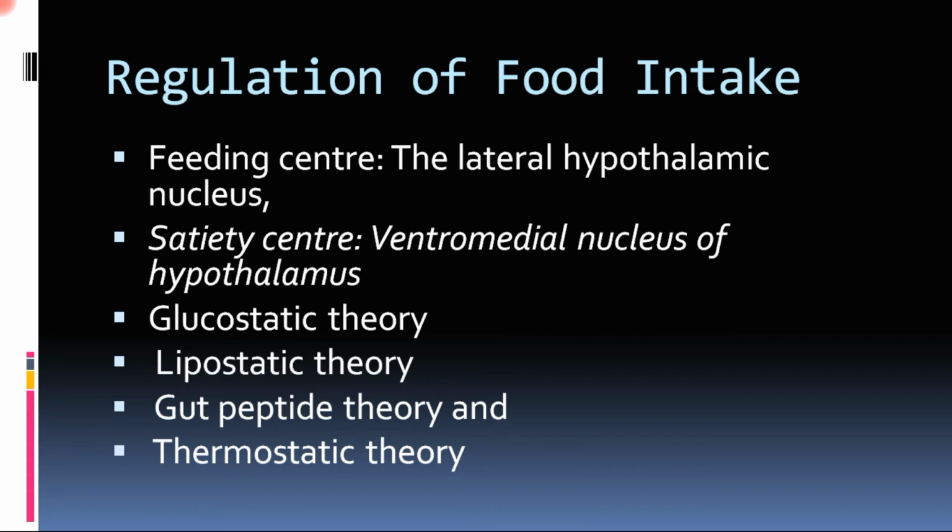So this is the basic mechanism: the feeding center, active all the time, is present in the lateral hypothalamic nucleus, and the satiety center, present in the ventromedial nucleus, inhibits the feeding center.